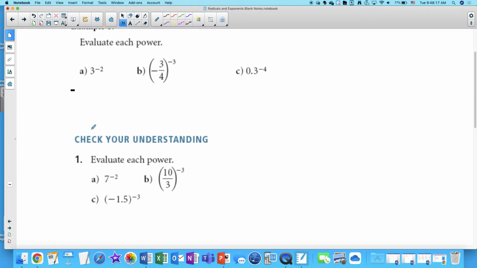Oh, I lied about the negative base thing, but I'll explain that in a minute. Okay, so 3 to the negative 2, how would you evaluate that? Right, 1 over 3 squared. So this is 1 over 3 squared, and that's 1 over 9.